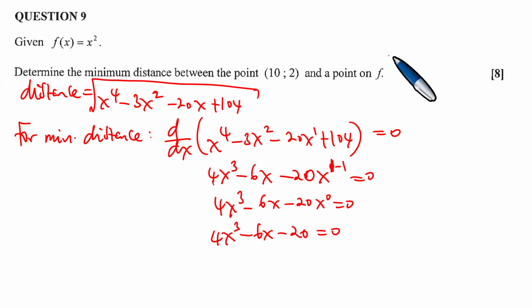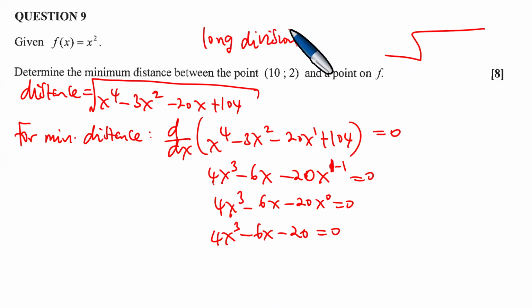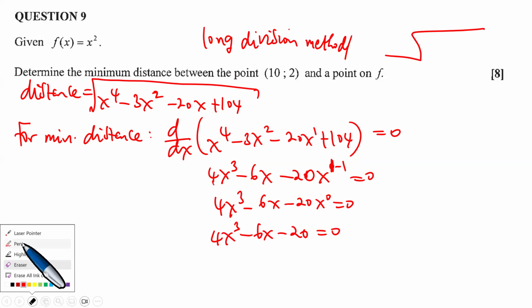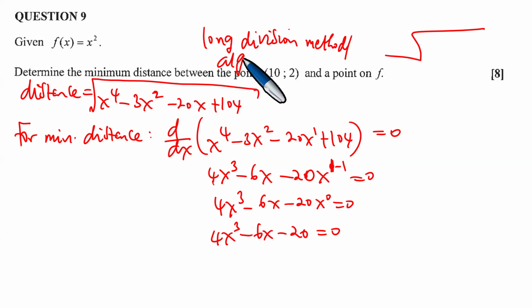By factorization, we can use the division algorithm from grade 11 called the long division method, the long division algorithm. Okay, let's write that one. What is the long division algorithm?